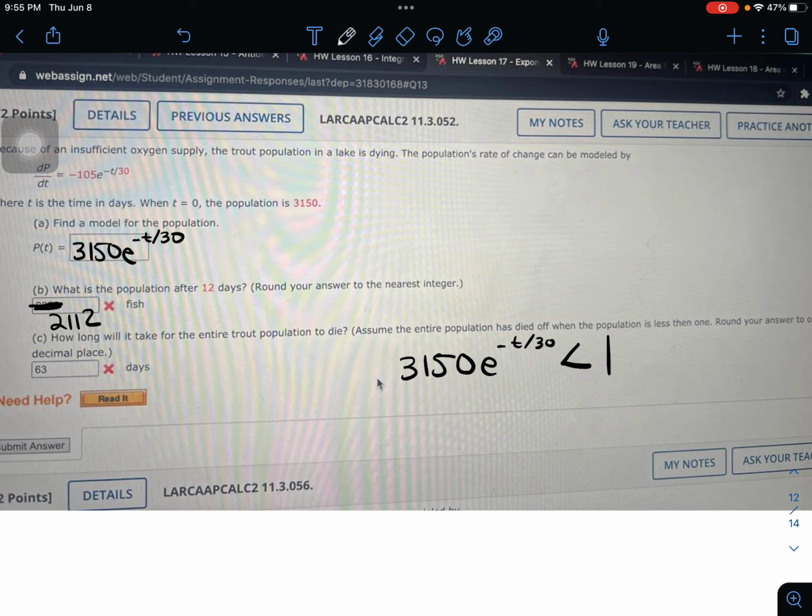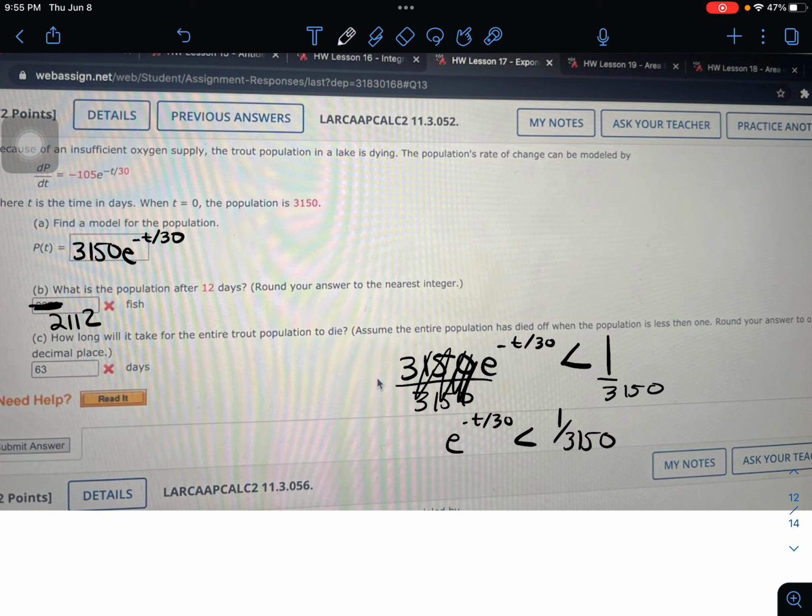So the first thing I'm going to do, I'm going to divide both sides by 3,150. That's gone. So I have e, and by the way, I'm solving for the t. I want to know what that t is when it's less than 1. So it's going to be e to the negative t divided by 30 is less than 1 divided by 3150.